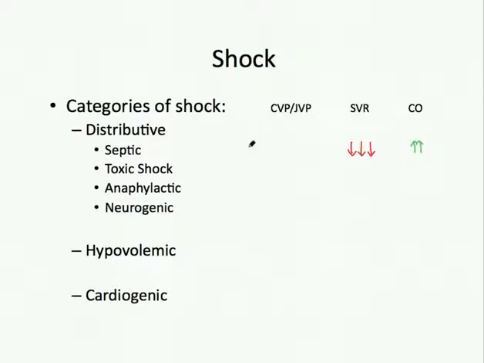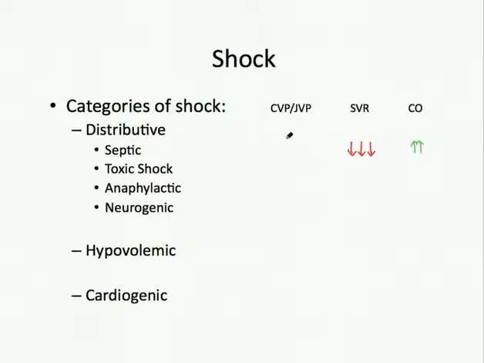So now, starting to build our arrow diagram, we can see that our primary insult is this abnormally decreased systemic vascular resistance from the inflammatory cytokines, and our primary response is going to be increasing our cardiac output.